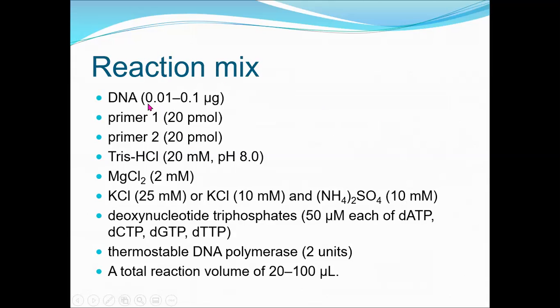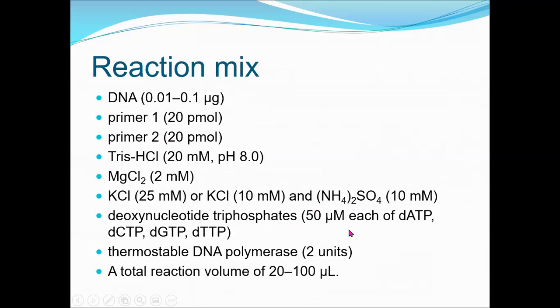For DNA we choose 0.01 to 0.1 microgram. Primers we use 20 picomoles. Then Tris-HCl, the buffer, we use 20 millimolar at pH 8, magnesium chloride at 2 millimolar, KCl, and ammonium sulfate.